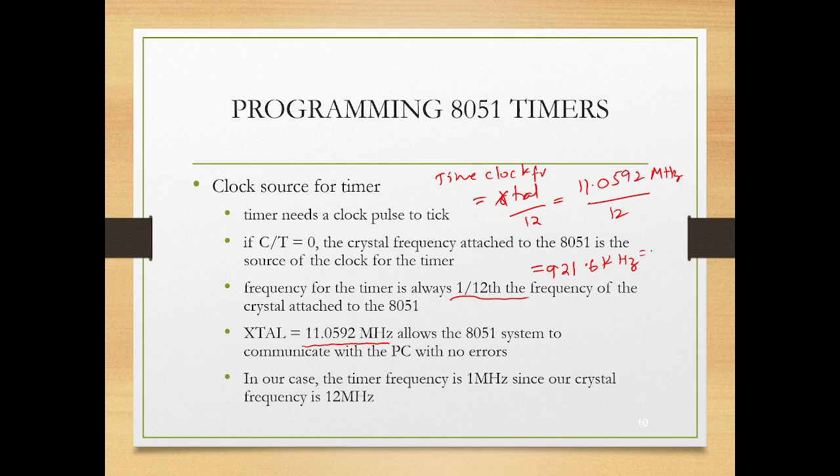If we want to find the time period, F is equal to 1 by T, so from this we infer time is equal to 1 by F. The obtained value is 1 by 921.6 kilohertz, which is approximated to 1.085 microseconds. So this becomes the time period.